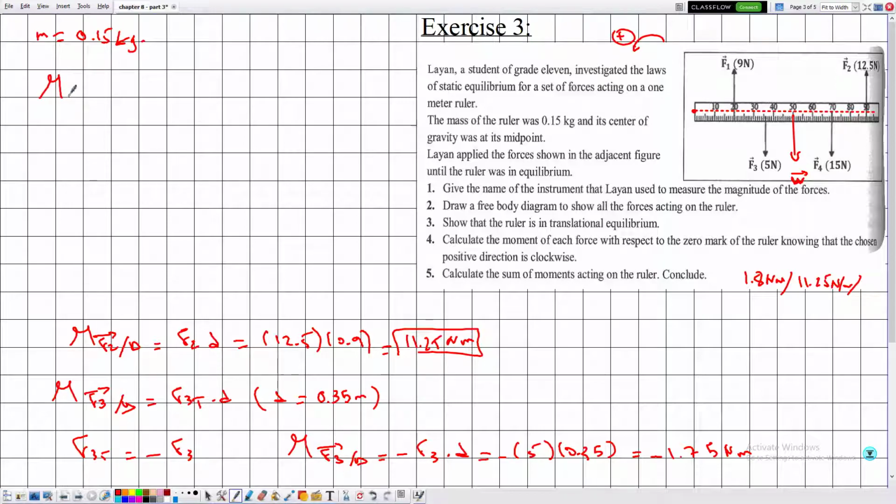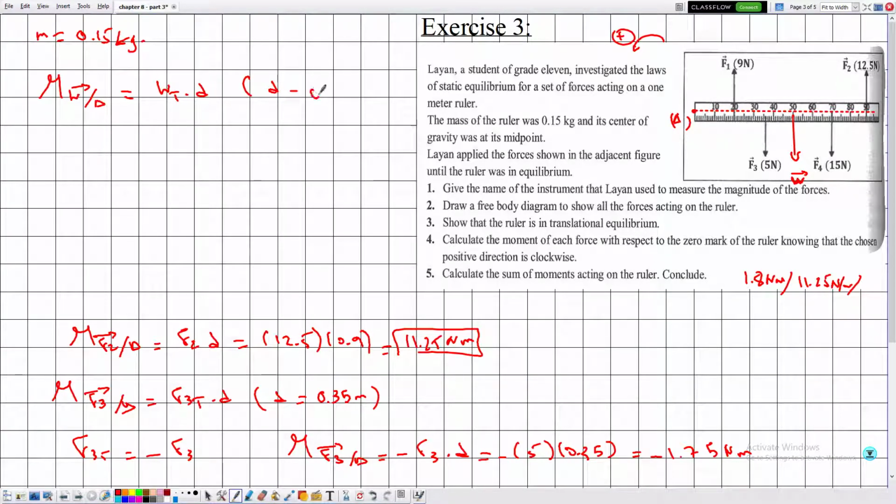So the moment of the weight around the axis delta, so here we are supposing as if it is able to rotate around delta, but delta doesn't exist because we are telling with respect to the 0 mark. They didn't mention anything about axis of rotation. So it is equal to weight tangential multiplied by the distance d.